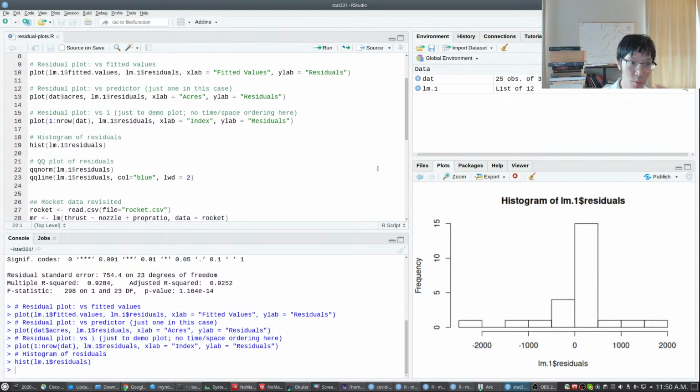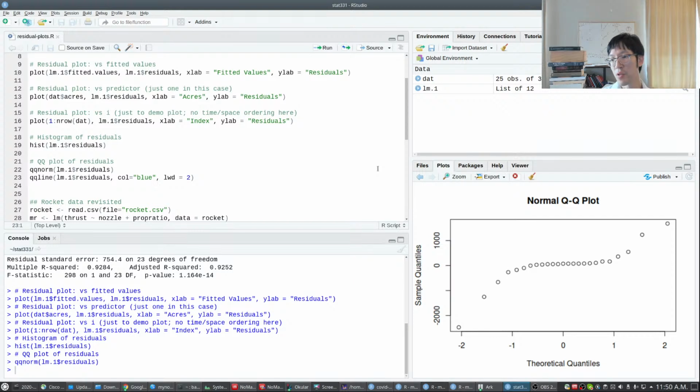Okay, so the command is very simple. We just take the residuals and plug them into the qqnorm command, and that would generate the quantile plot using the normal as the theoretical distribution. Okay, so this is what it looks like.